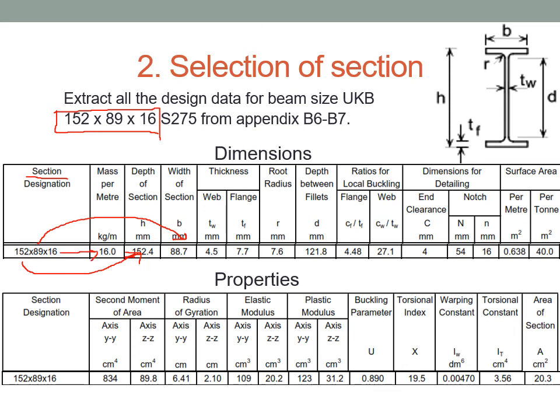From these two tables, you need to extract the H value, B value, TW value, TF value, R and D value. And then you also need this value and this value. You extract all the information and then you are ready to design the section.